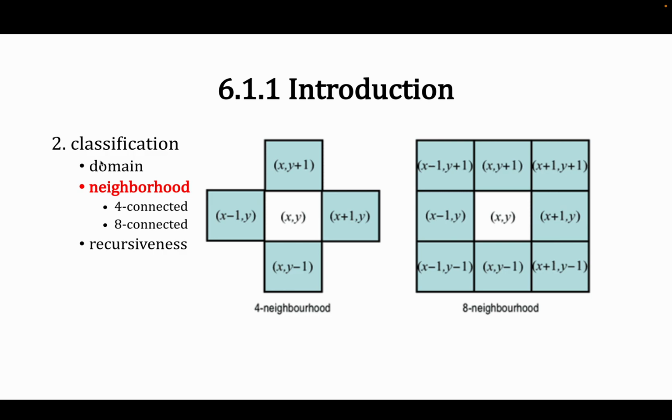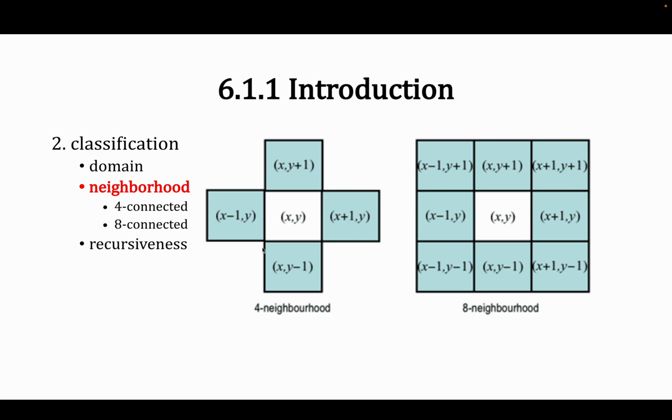The second aspect is neighborhood. In this chapter, we will only consider two types of neighborhood. The first type is a 4-connected neighborhood, and the second one is an 8-connected neighborhood.